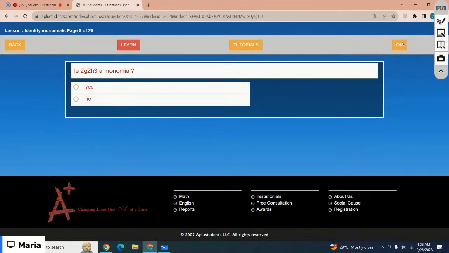Is 2g square h cube a monomial? The correct option is yes, it is a monomial, right?